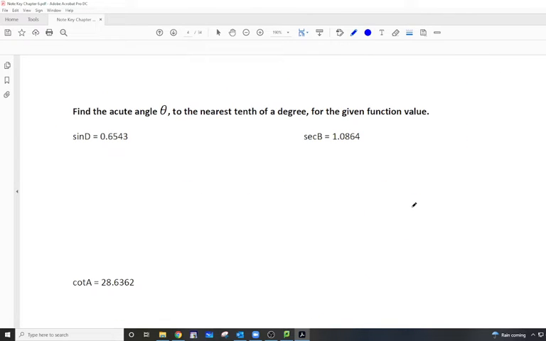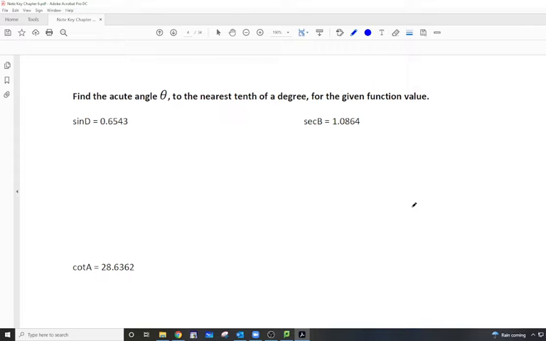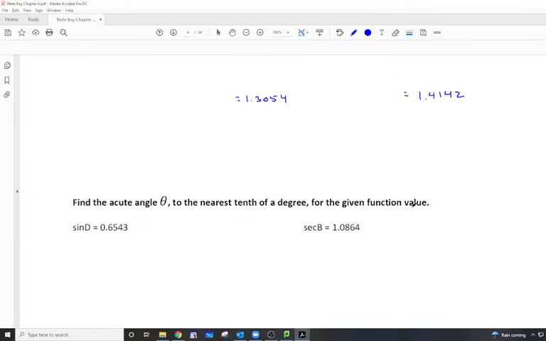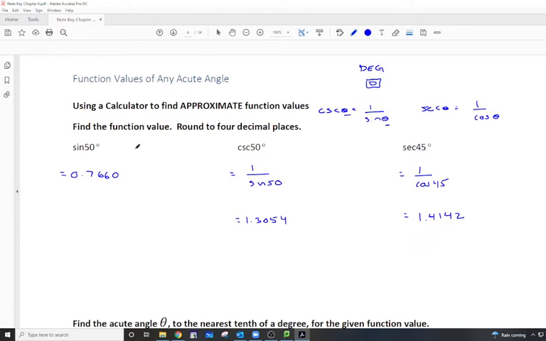All right, now we want to do the opposite. Now instead of finding the ratio, for this one, when you plug in sine 50, it tells you the ratio of the opposite to hypotenuse for every 50-degree triangle. So any triangle that has a 50-degree angle, which means the other angle's 40 and this would be 90, has a ratio of opposite of 0.7660 to hypotenuse, which is 1.